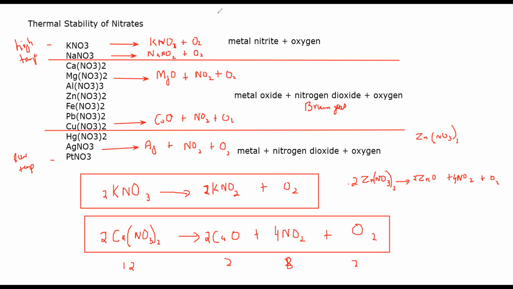Okay, then if you want to balance another one, aluminum nitrate, Al(NO3)3, in a bracket 3. This decomposes into aluminum oxide, Al2O3, plus nitrogen dioxide, NO2, plus oxygen.